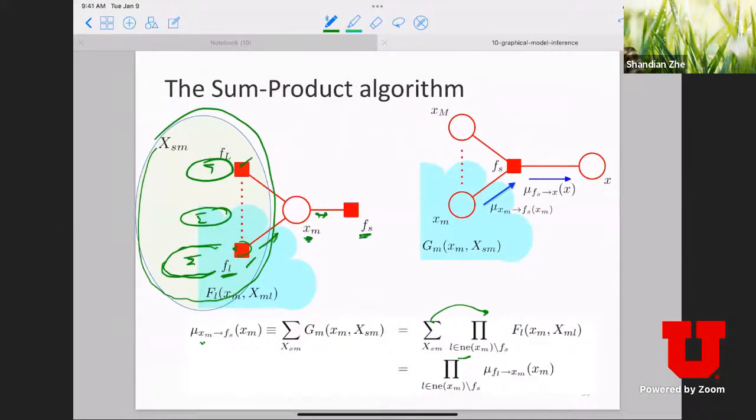So that's why our final message from this variable node to the factor node is simply the multiplication of messages from all of its immediate factor children sent to xm.